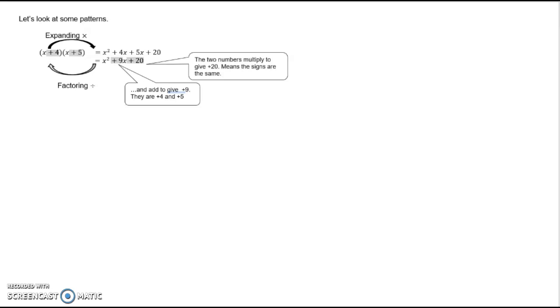All right, so this one, we're just going to look at some of the patterns. We have x plus 4 in one bracket times x plus 5 in the second bracket. Remember earlier we talked about FOIL. F stands for first.